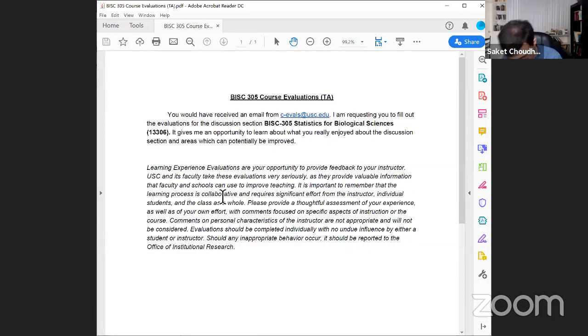Just in case you've not done so, this window will remain open till I believe 3rd of May. Sorry, 4th of May, 5th of May. So if you've not done so, please find some time and make sure you give your comments. Again, anything that you didn't like, anything that you think should be changed in the overall organization, I'm more than happy to make changes.